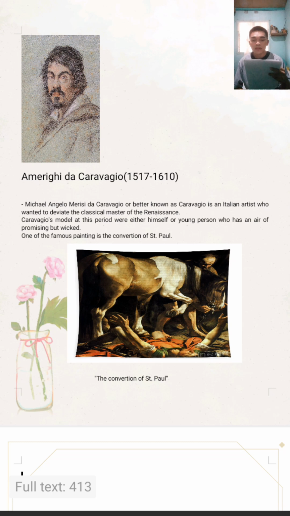Caravaggio's models at this period were either himself or young persons who had an air of being promising but wicked. When I say young persons who have an air of being promising but wicked, it is a good person who has a good future but has bad doings. One of his famous paintings is The Conversion of Saint Paul.